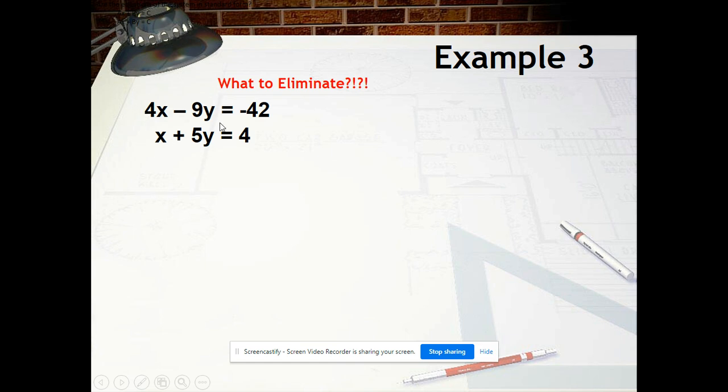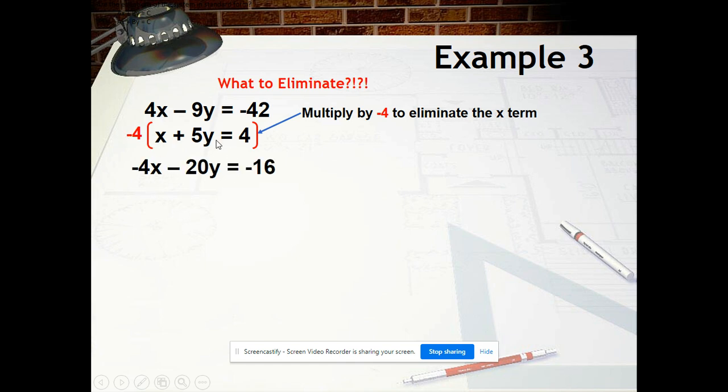Although we don't have those two numbers, we will have to multiply one or both equations by a number that will give us the same coefficient with different signs. So if you multiply the bottom by negative 4, then you are creating 4 and negative 4 for x, which makes our x term eligible for elimination. So if you multiply the bottom, you'll have negative 4x minus 20y equals negative 16.